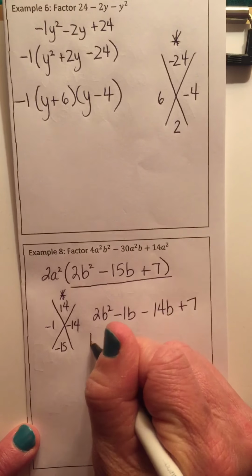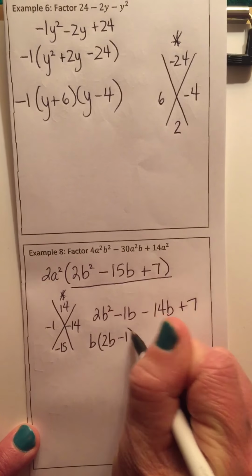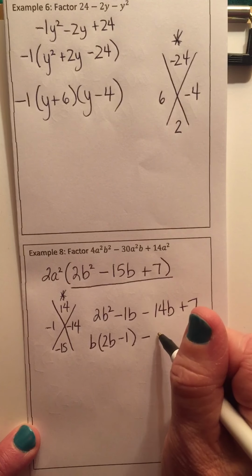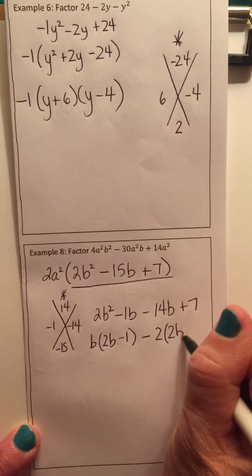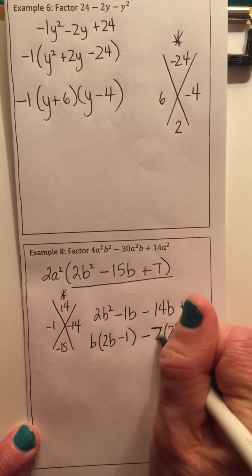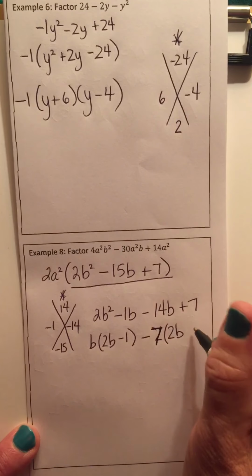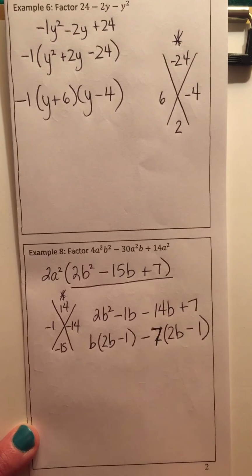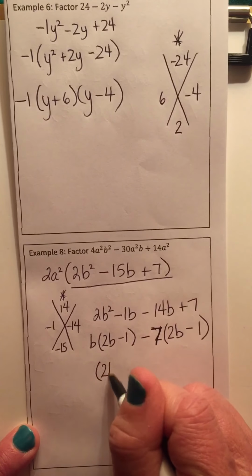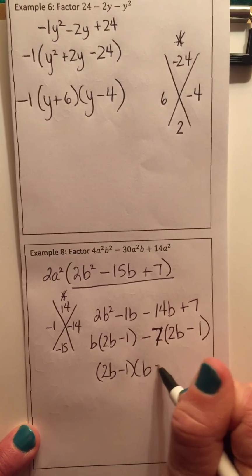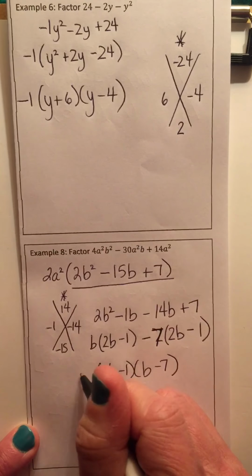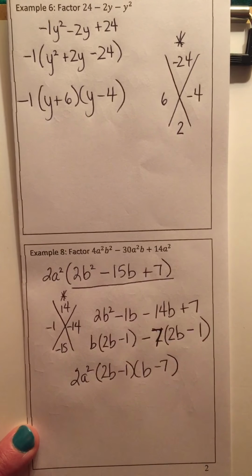And here I can factor out a b, and I'm going to have 2b minus 1 minus, I can factor out a 2, and I'm going to factor out a 7, and I'm going to have a 2b minus 1. 2b minus 1 times b minus 7, all multiplied by that 2a squared. First factor out the greatest common factor, and then factor the trinomial. These are the notes for section 8.3.